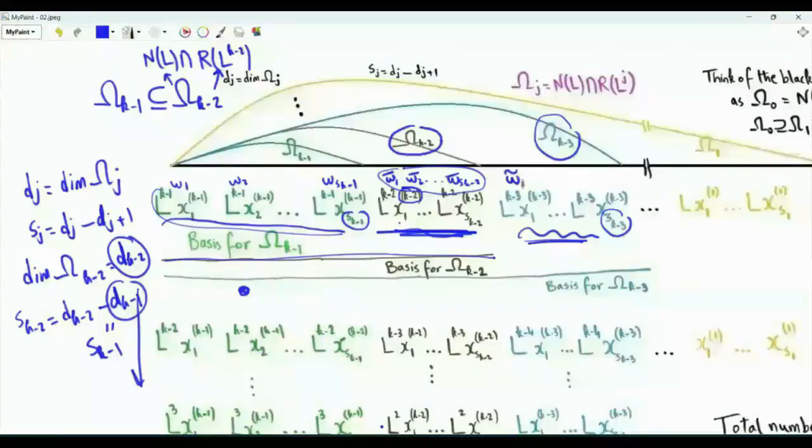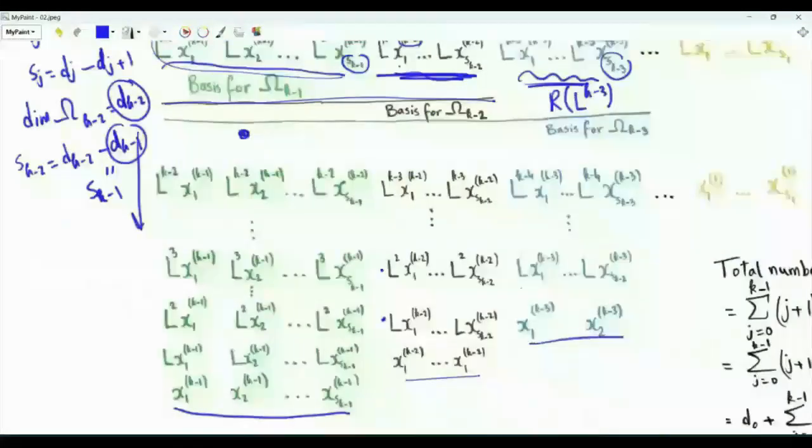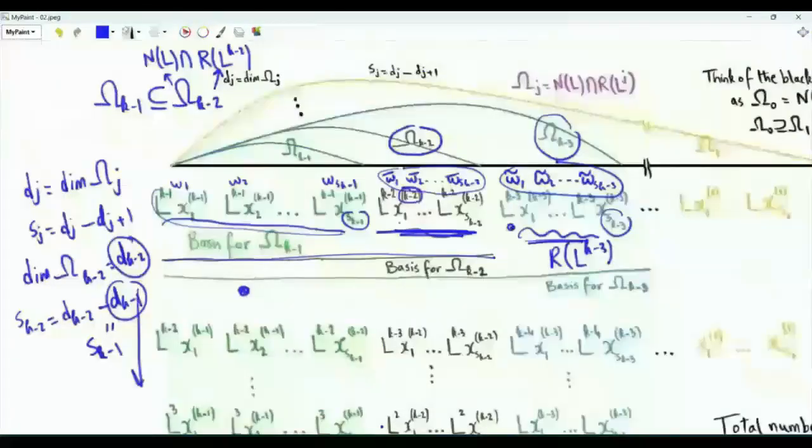Let's say they are w tilde 1, w tilde 2, all the way to w tilde s_{k-3}. Those vectors are in the range of L to the power k minus 3. We can write each one of them as L to the k minus 3 times those x vectors. We have those x vectors, and then we have them multiplied by L, L squared, all the way to L to the k minus 3.